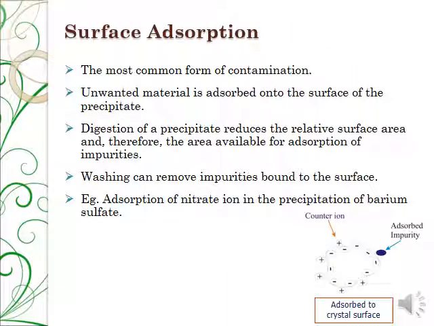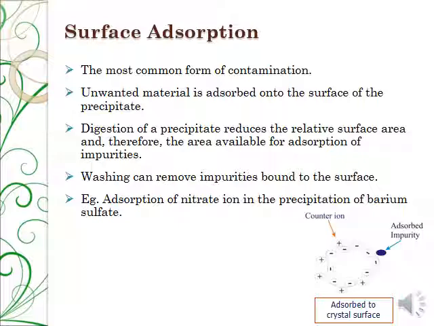The third type of impurity is surface adsorption, and this is the most common form of contamination. This surface adsorption impurity is similar to inclusion, just that it occurs only on the surface of the precipitate. So therefore, to minimize surface adsorption, digestion is preferable because it will reduce the surface area.